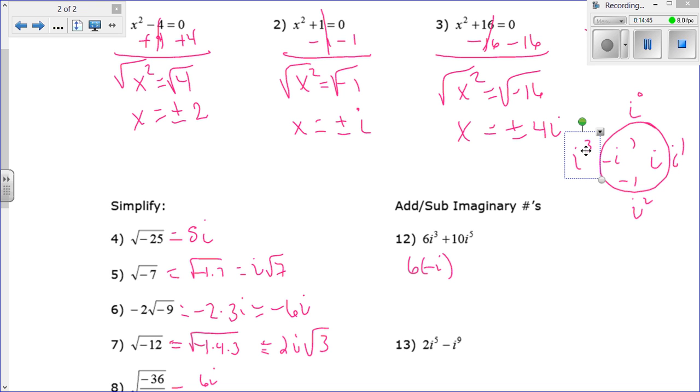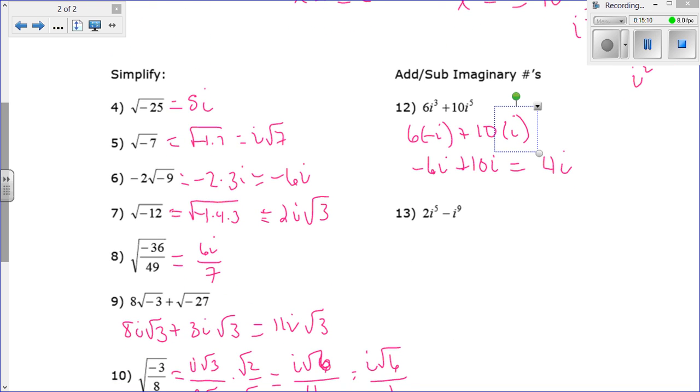So i to the 3rd is negative i, plus 10 i to the 5th. Well, if this is the 3rd, then I have to have the 4th, and the 5th would be i to the 1st. So I have negative 6i plus 10i and they are like terms, and when I combine them, I get 4i.